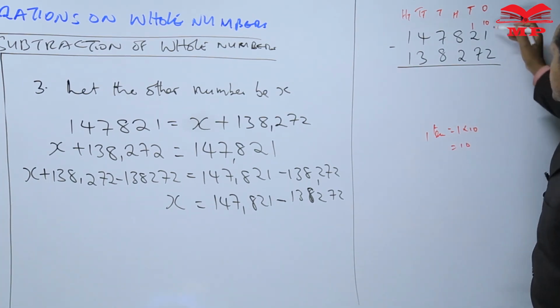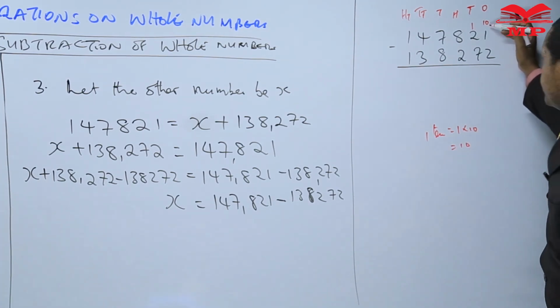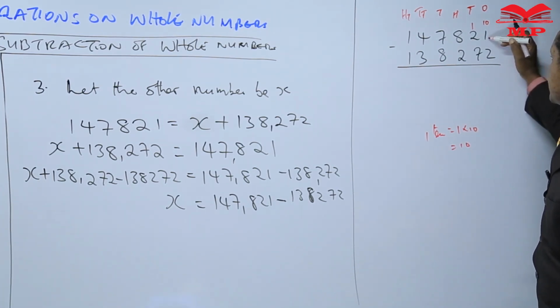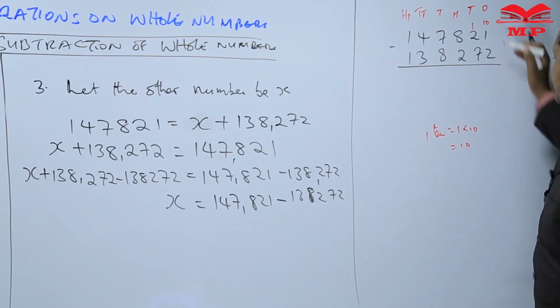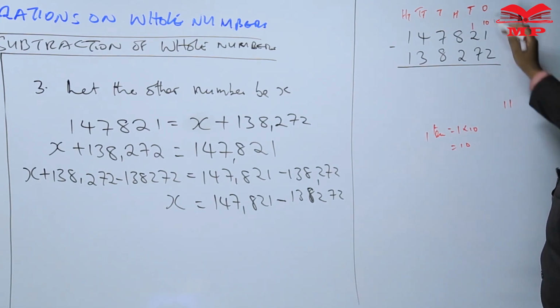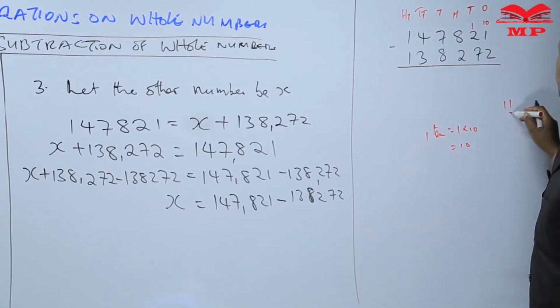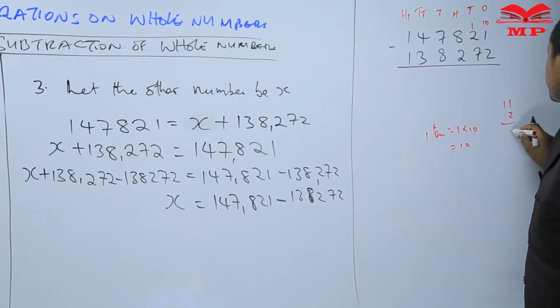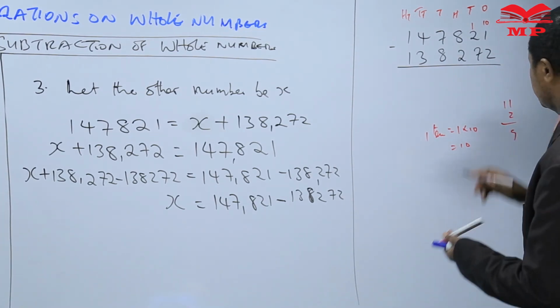So this is the place value of ones. So we have 10 plus 1 giving us 11 ones minus 2 gives us 9 ones.